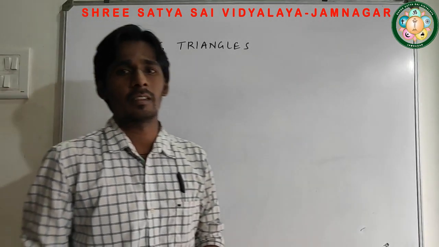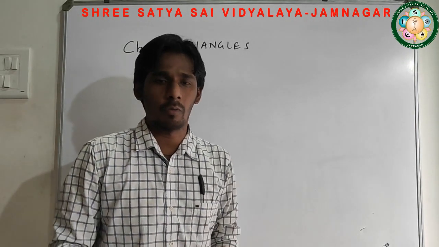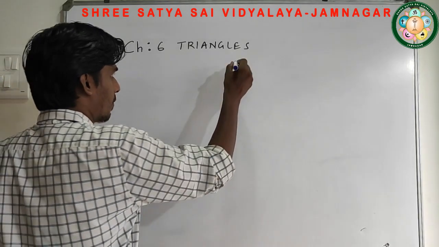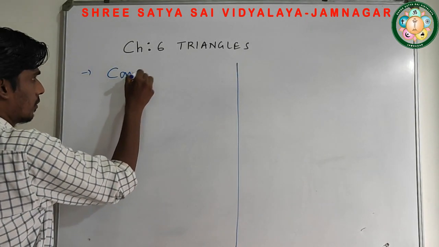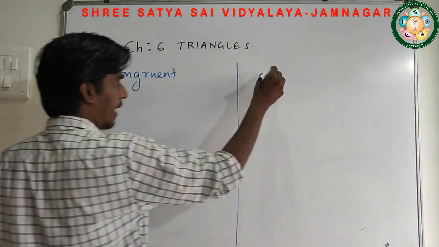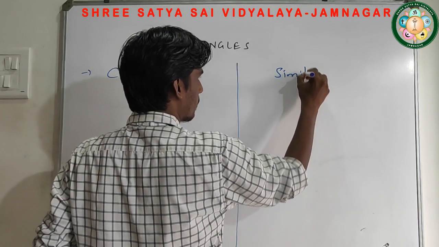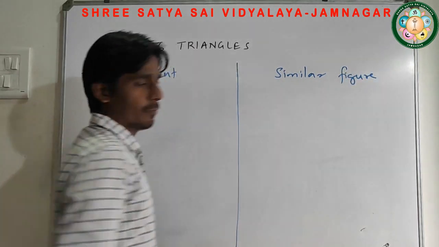So let's start with its primary concept, that is similar and congruent figures. Let's try to understand the difference between congruent figures and similar figures.